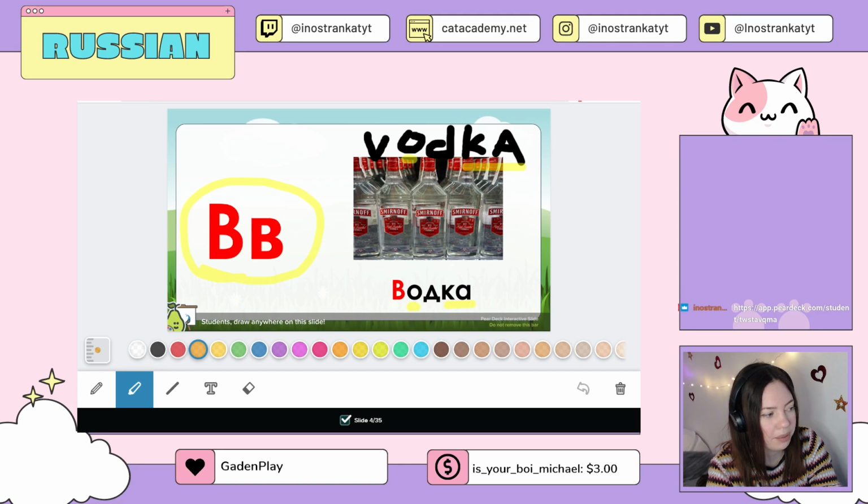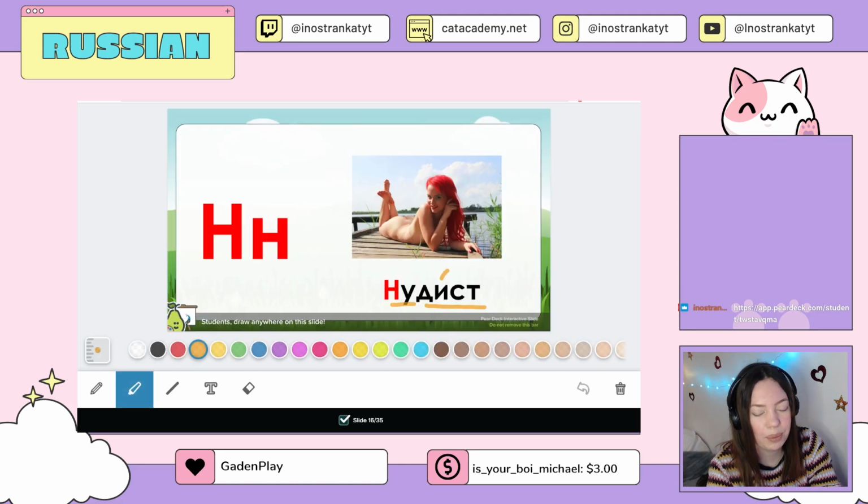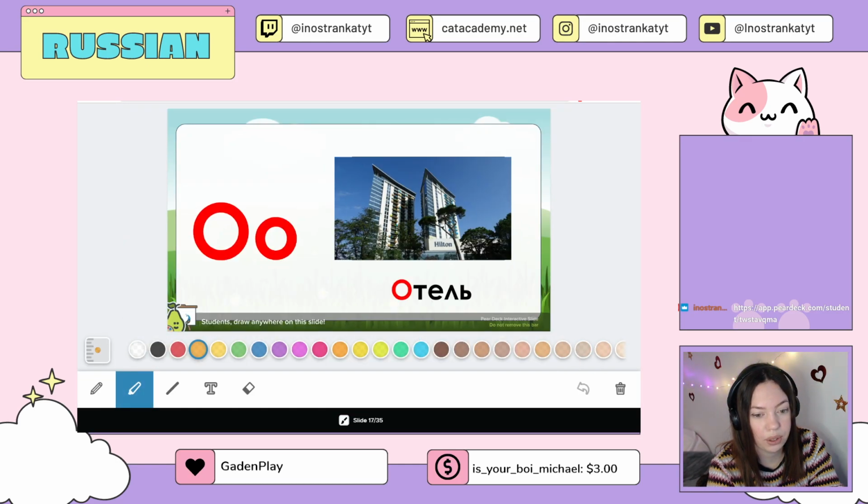So we have some tricky bukvas, and it just takes some practice to get used to them. But if you know how to pronounce the letters, what sounds they make, you can easily read anything in the Russian language. You don't need to be a pro.